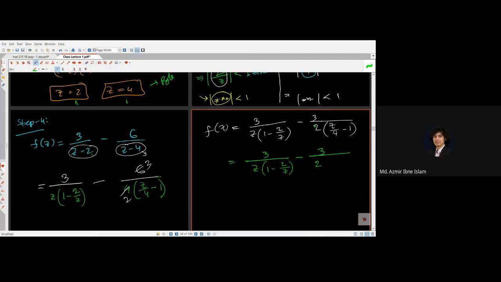Is it in 1 negative z by 4 form? No, sir. So we can multiply with minus. Yeah, thank you. So it will be 3 by z, 1 negative 2 by z, and plus 3 by 2, 1 negative z by 4.